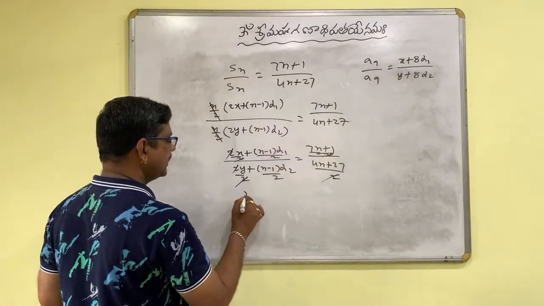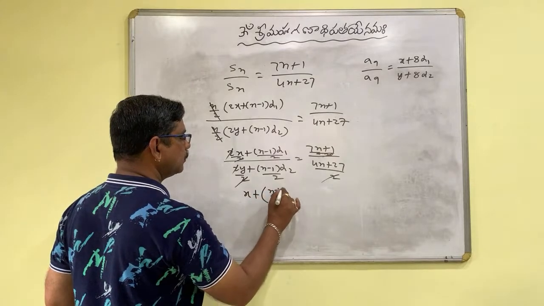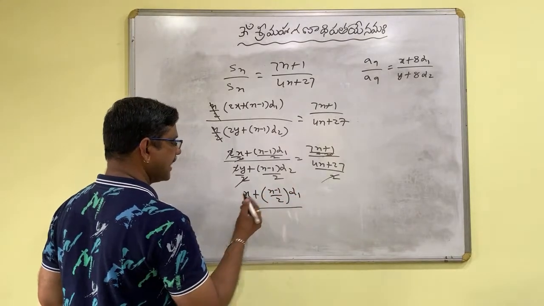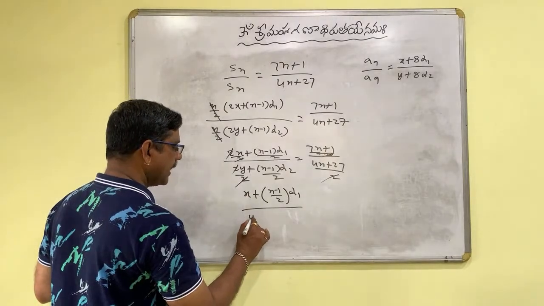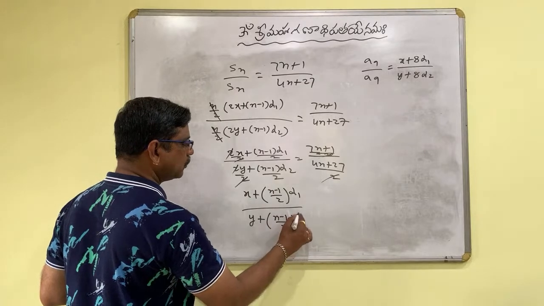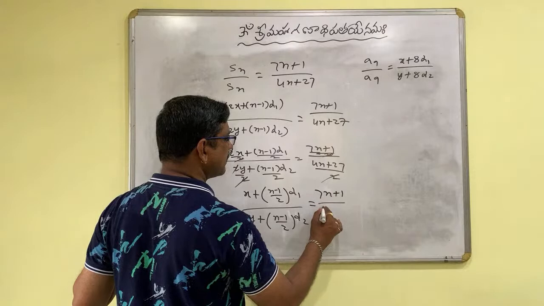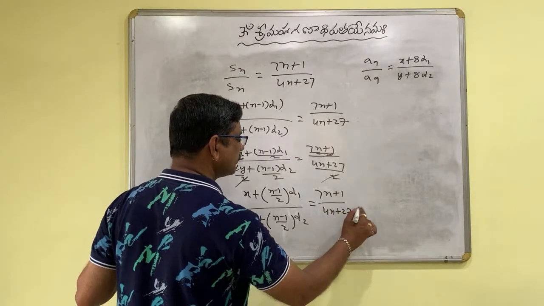What is remaining? (x + (n-1)/2) into d1 by (y + (n-1)/2) into d2 is equal to (7n + 1) by (4n + 27).